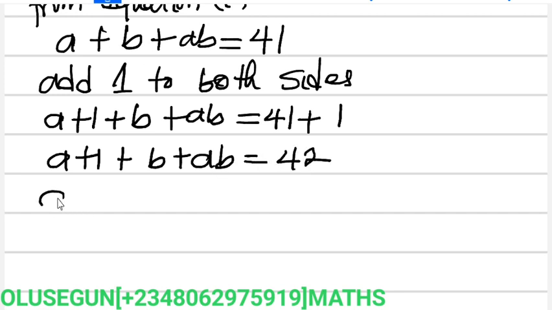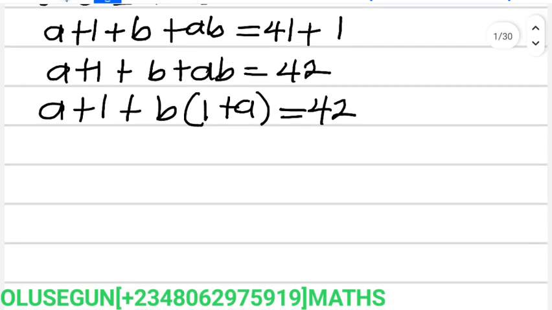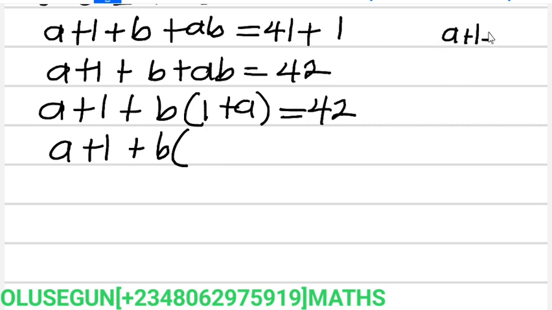So a plus 1 plus b is common. We have b times 1 plus a is equal to 42. By the commutative law, a plus 1 can be equal to 1 plus a.